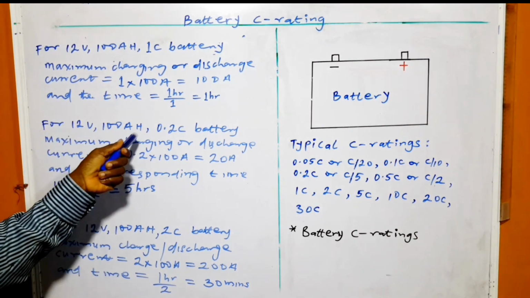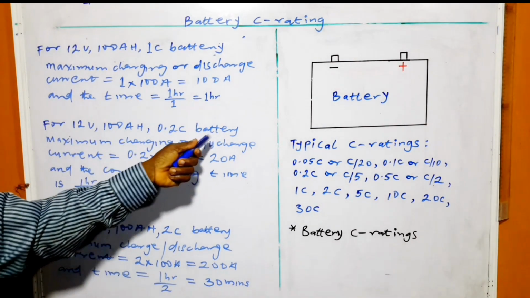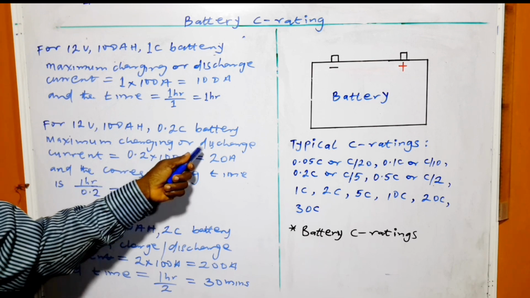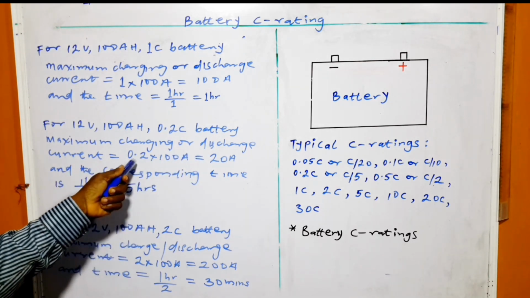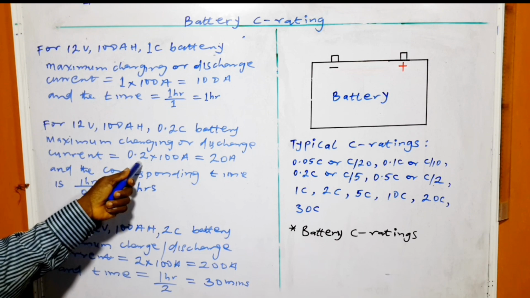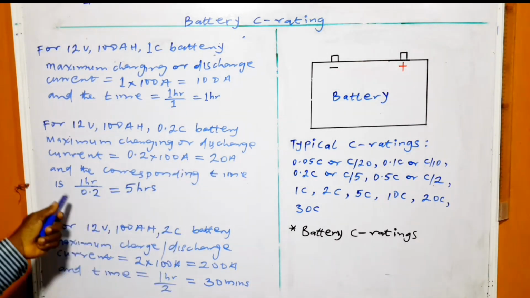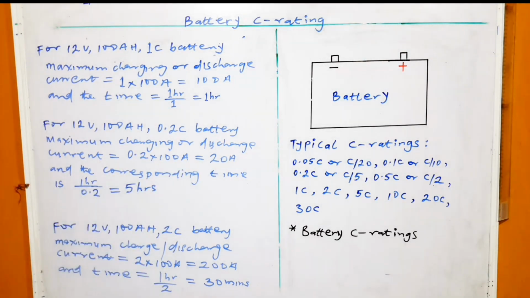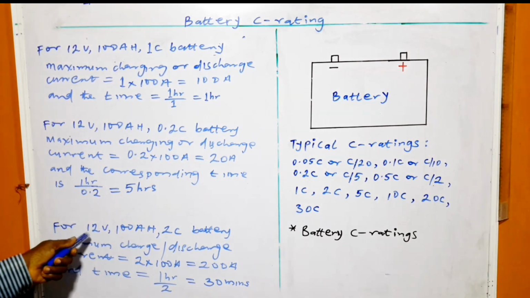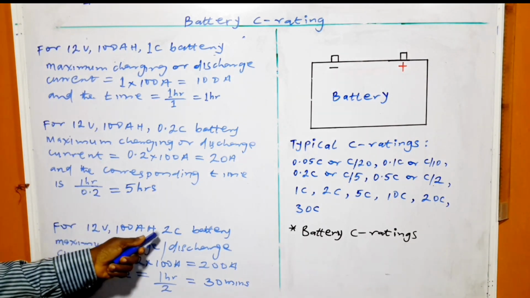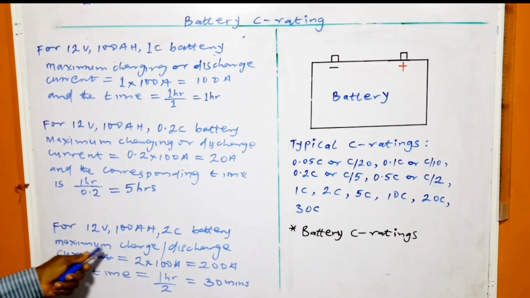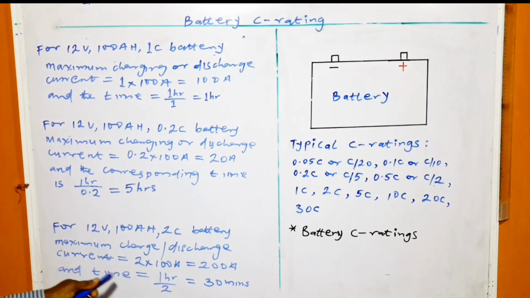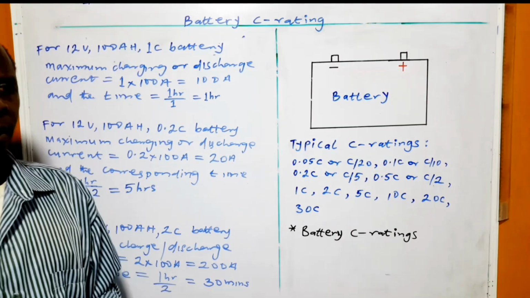For a 12 volts 100 ampere hour 0.2C battery, maximum charging or discharge current is equal to the C rating value multiplied by 100, that's 20 ampere, and the corresponding time is 5 hours. Similarly, for a 12 volts 100 ampere hour 2C battery, maximum charge or discharge current is equal to 200 ampere and the corresponding time is equal to 30 minutes.